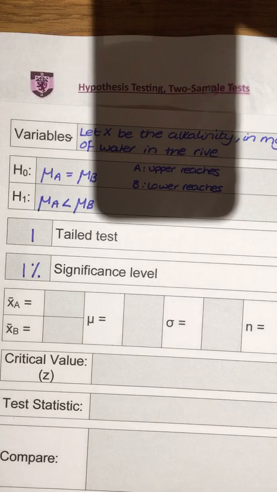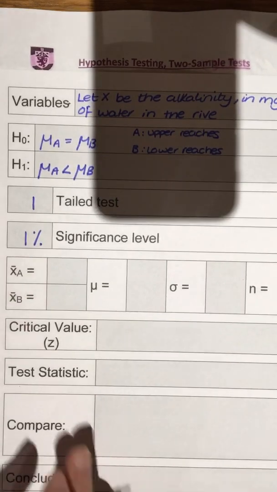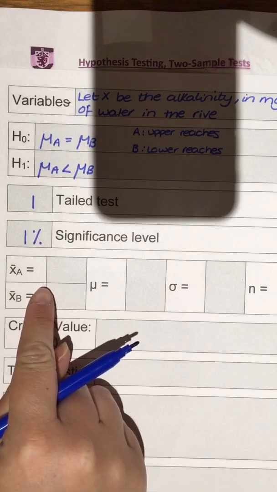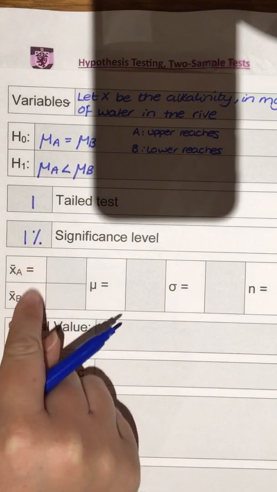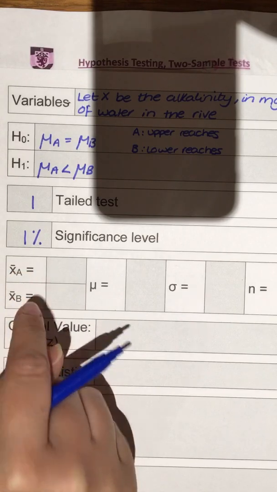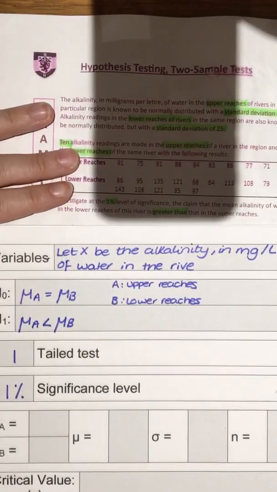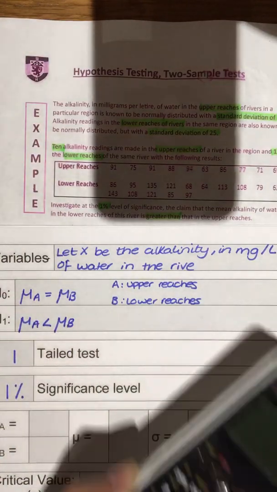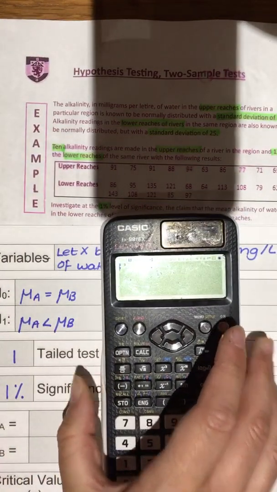Now, slightly different to before, and for some reason I've missed a bit off that I've noticed while I'm starting doing this, is I no longer have just a sample mean, I have two sample means. I've got the sample of my upper reaches and the sample of my lower reaches. Now if you've already done task 1, which you should have done, you will already have found these values out, but just in case you haven't, I'll do it for you.